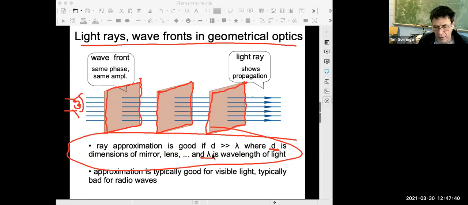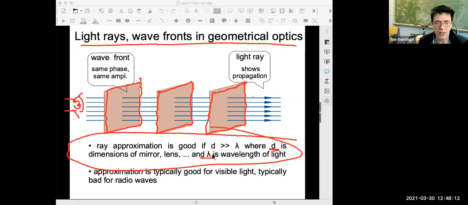Now, if you think about visible light and you think about your average mirror or lens, right? Your average mirror or lens is the scale of centimeters or meters in size. So D would be centimeters or meters. The wavelength of visible light, if you remember, I'll never forget this, runs from about 400 nanometers to about 700 nanometers.